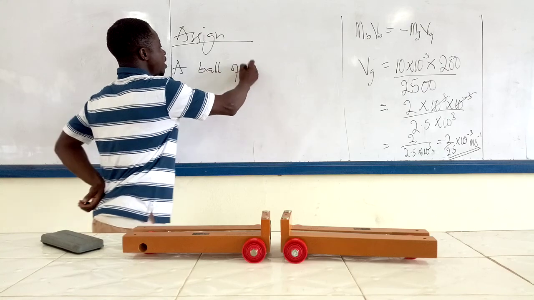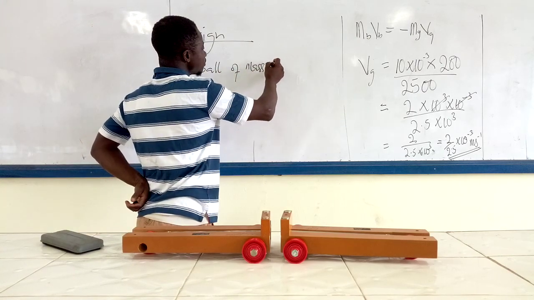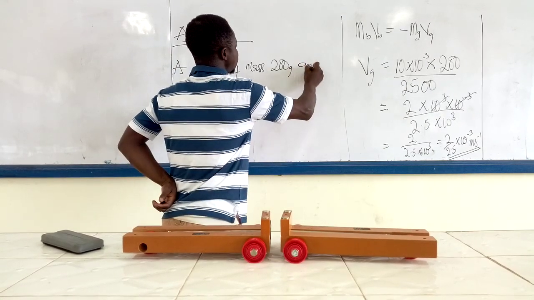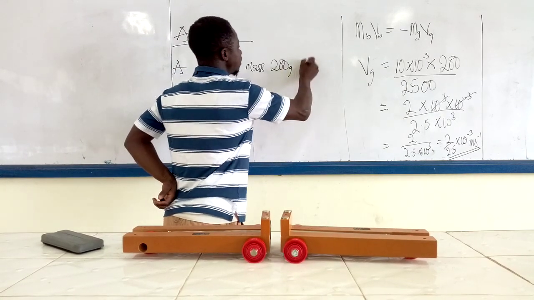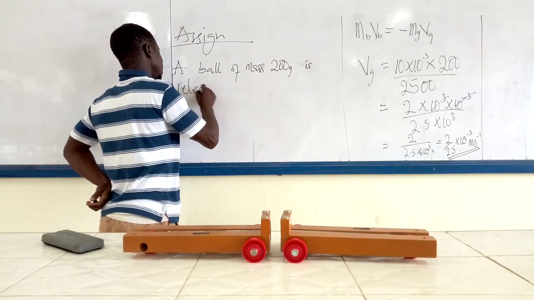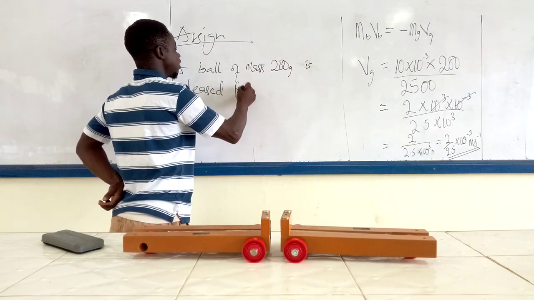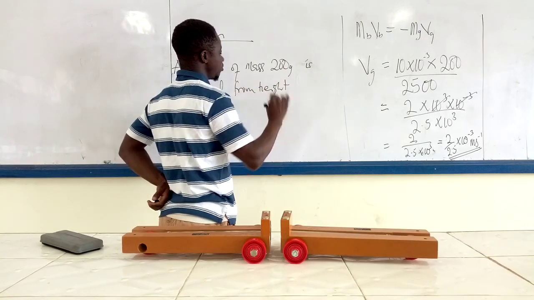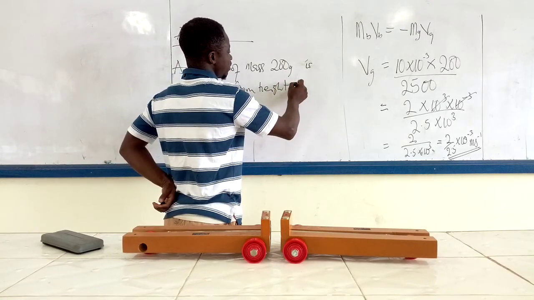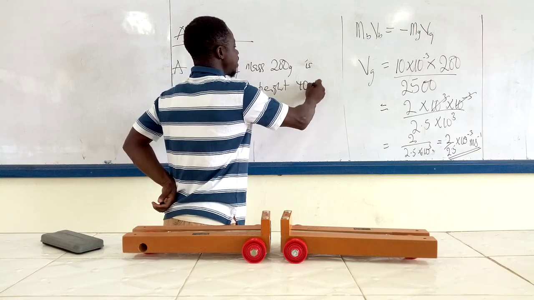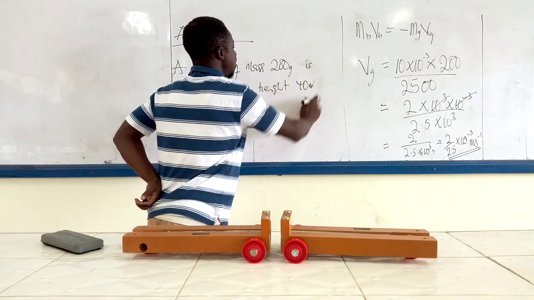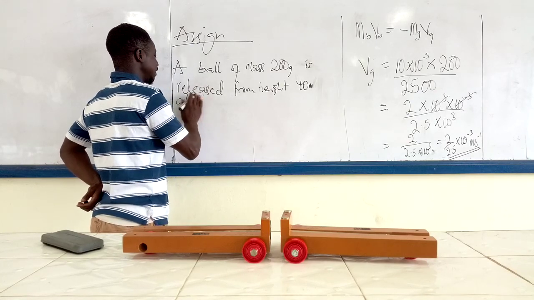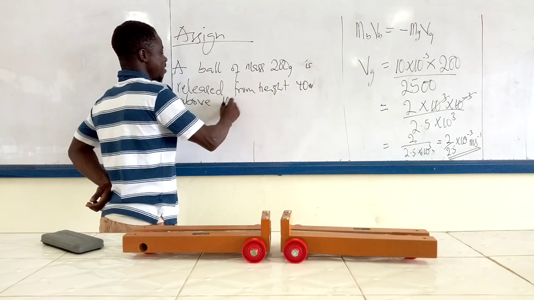A ball of mass 200 grams is released from a height of 40 meters above the ground.